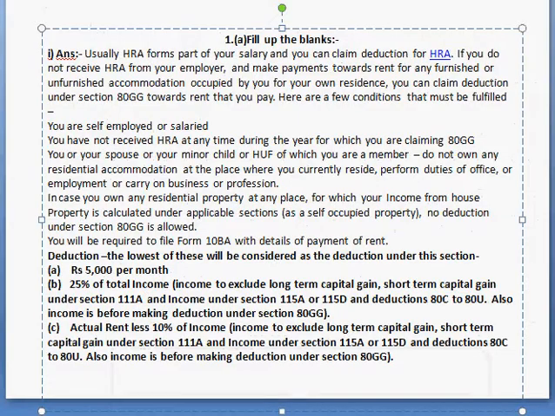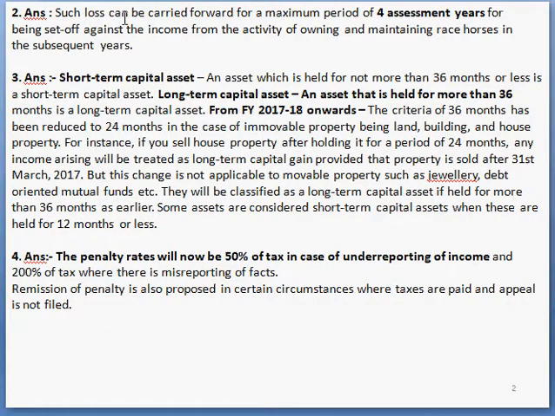The answer is that such loss can be carried forward for a maximum of 4 assessment years, to be set off against the income from the activity of owning and maintaining racehorses in subsequent years. It means if you're getting loss, then up to 4 assessment years you don't need to pay the tax.